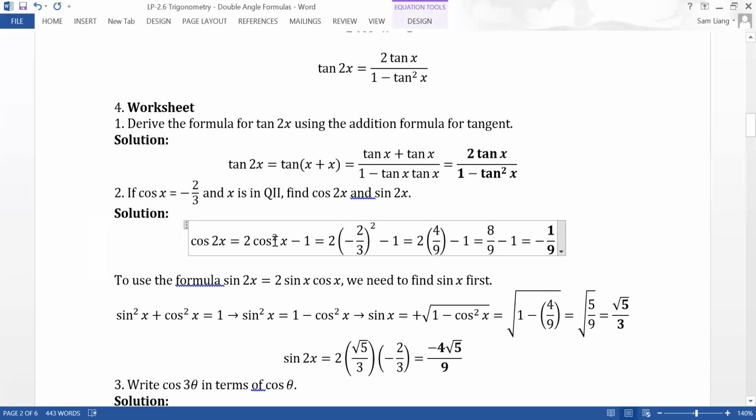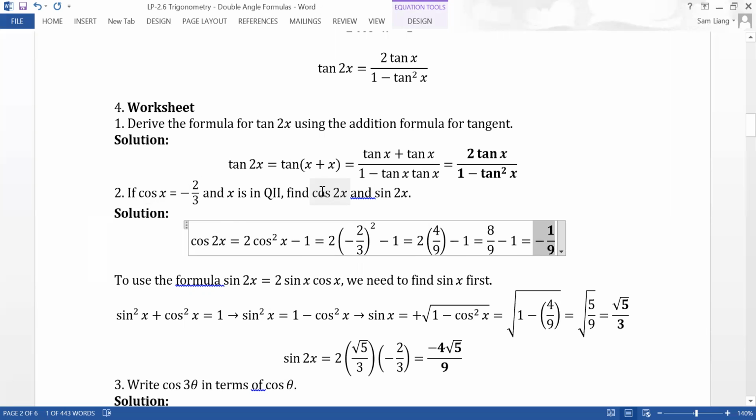So we have 2 cosine squared x minus 1, and then plug in -2/3: 2 times -2/3 squared minus 1. -2/3 squared is 4/9. So we get 2 times 4/9 minus 1, so 8/9 minus 1. Your final answer here will be -1/9. So that's cosine 2x.